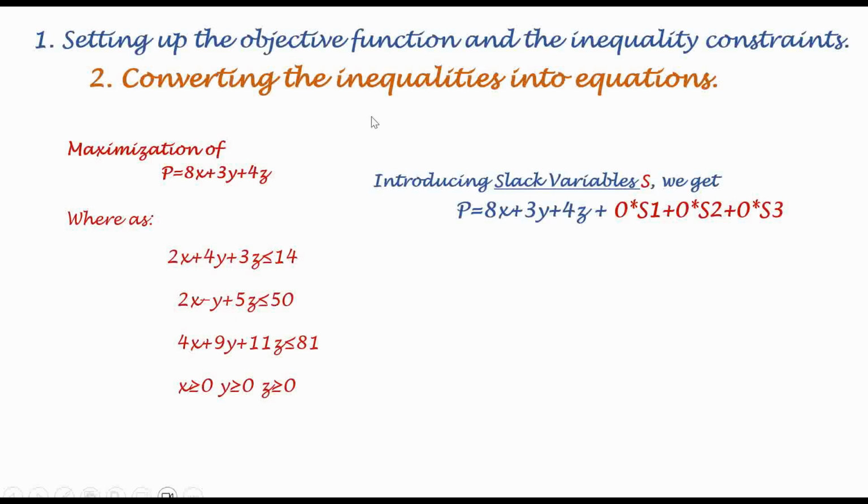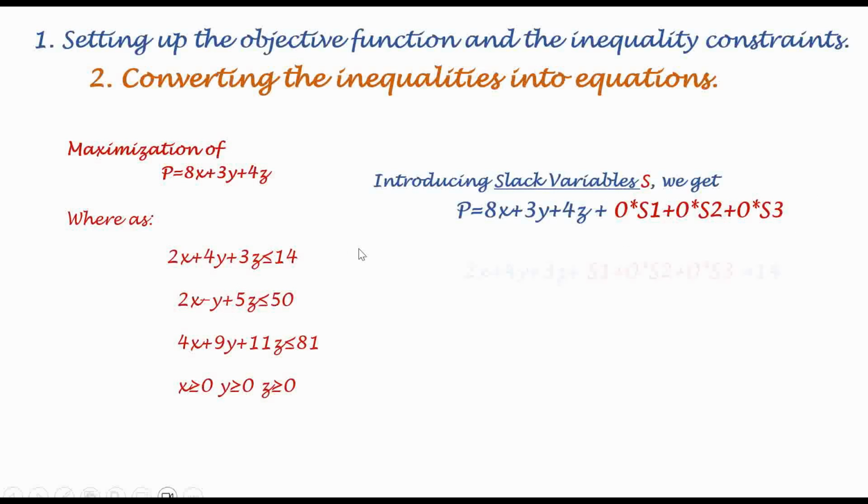So there we do not have any slack variables, but in the other three equations there will be 3 slack variables. That is why we denoted them as S1, S2, S3, and we multiply them by 0. As you know, multiplying by 0 means 0.